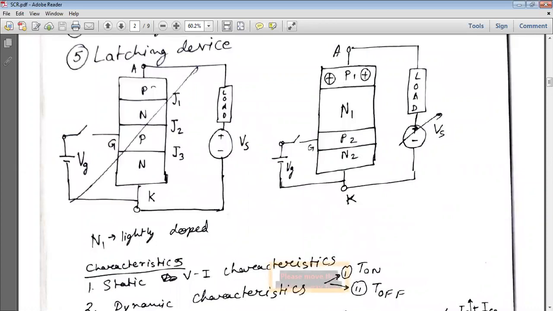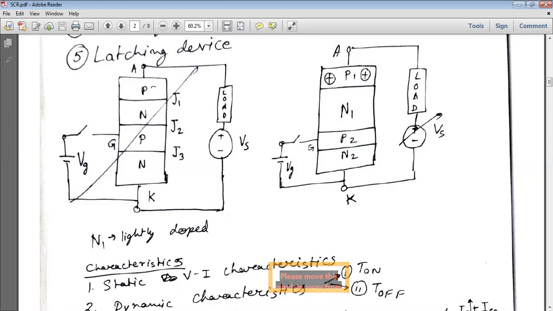during forward bias condition, the positive terminal is connected to P1 and the negative terminal is connected to N2. The holes of P1 will enter into N1 like in power diodes.